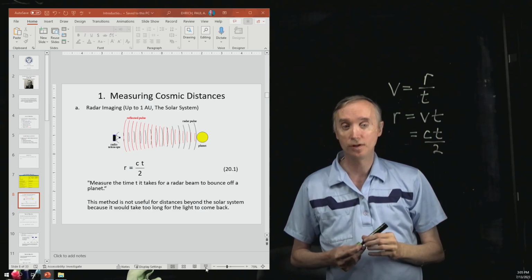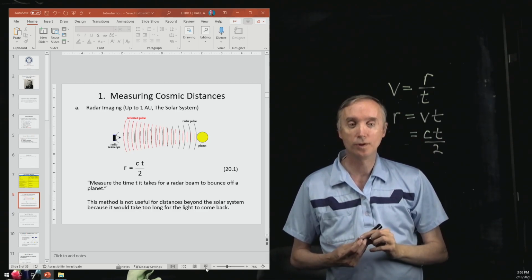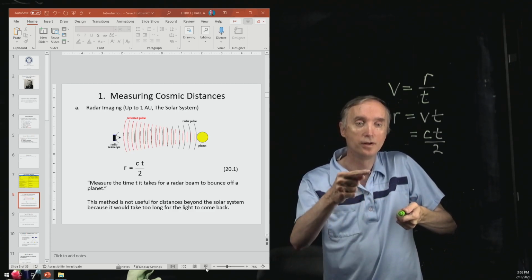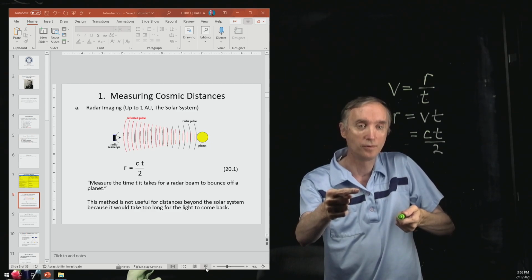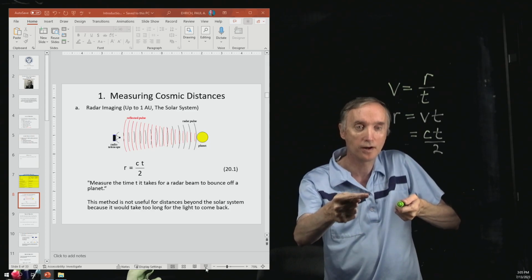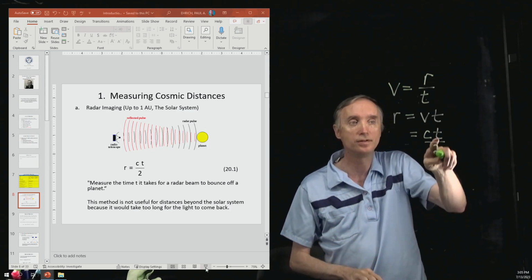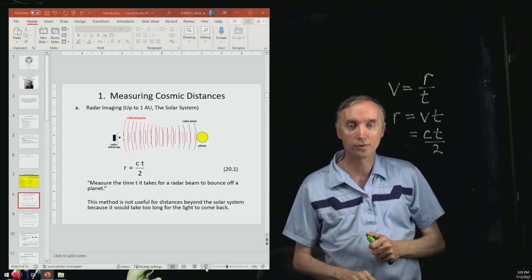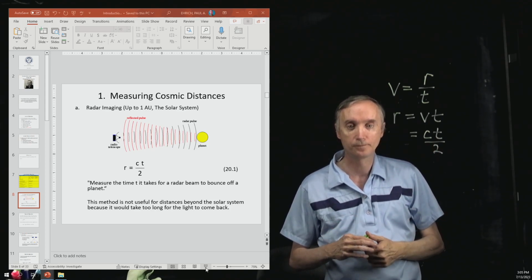Where does that 2 come from? What we really need is the time it took to go from the flashlight to the object, but what we measured with our stopwatch was the time to go there and come back. So we take this total time and divide it by 2 in order to use the formula.